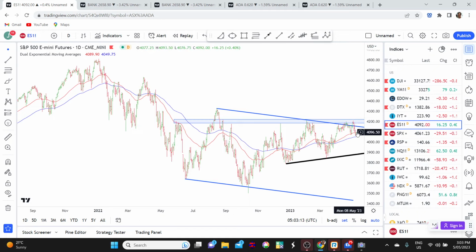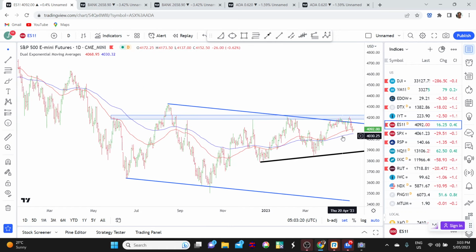Over the last few days, we've seen this pullback towards the moving averages. So I'm looking at the 50-day and the 100-day moving averages. And as of Thursday's close in the US, I'm recording this on Friday afternoon in Sydney, the market has pulled right back to these moving averages.